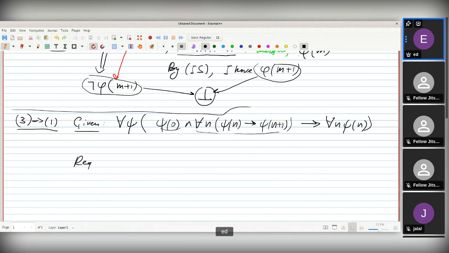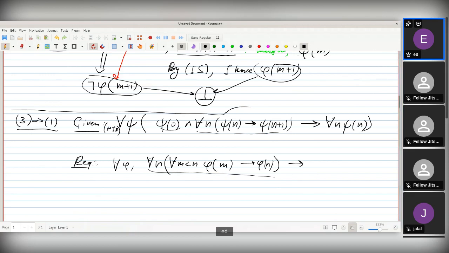And what is required? The strong induction principle is required. That is, for every phi, if phi is progressive, that is, in order to obtain phi of n, it suffices to have phi for all the lesser numbers. If this is given, then phi holds for every natural number. Okay.